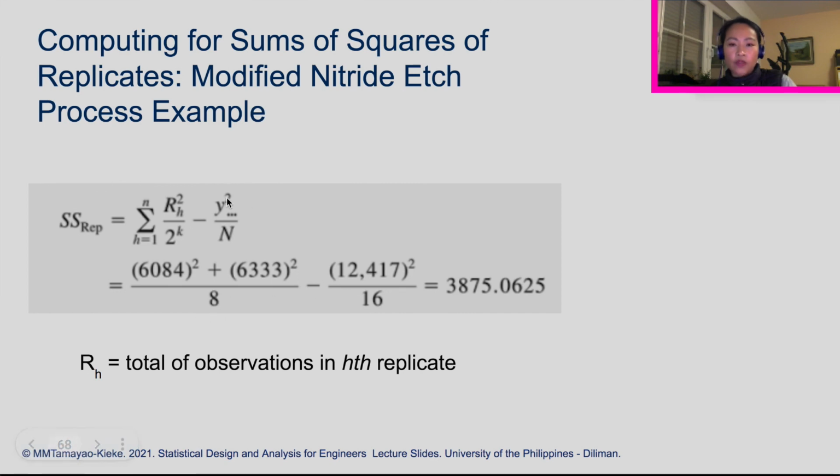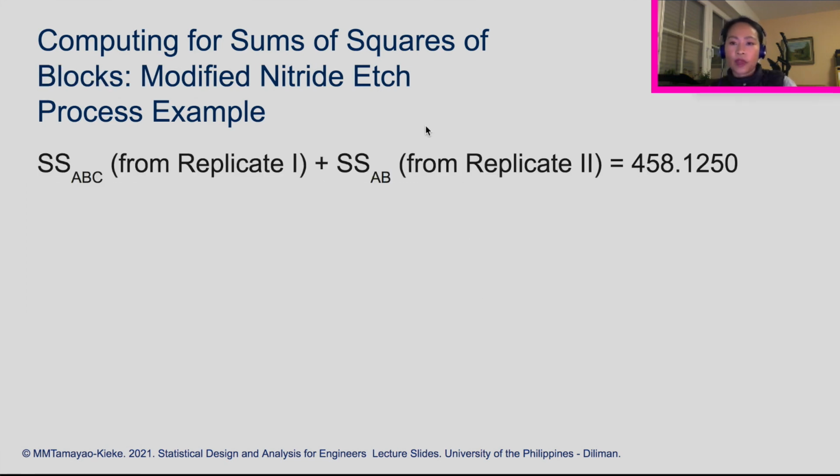Then we subtract the square of the grand total divided by the number of observations, which is 16, the total number of observations. And we get a sum of squares for the replicates equal to approximately 3,875.